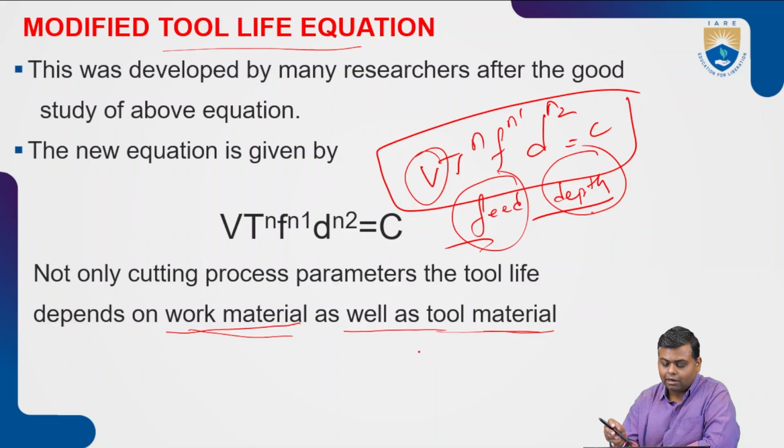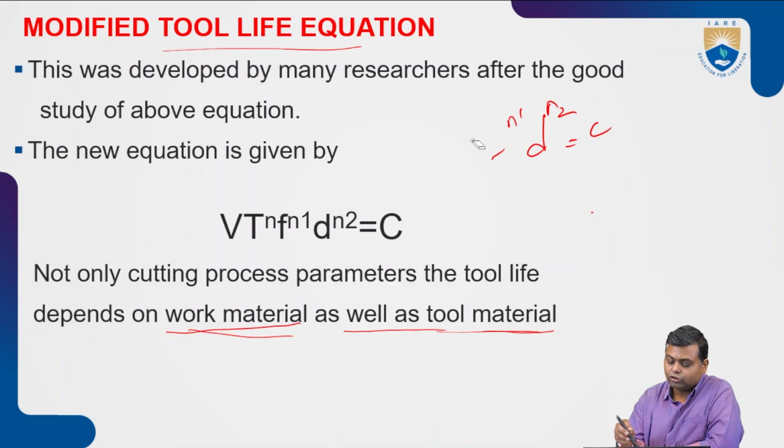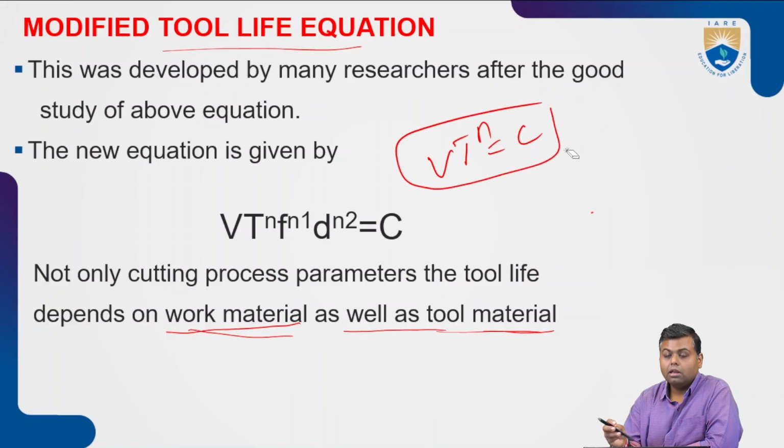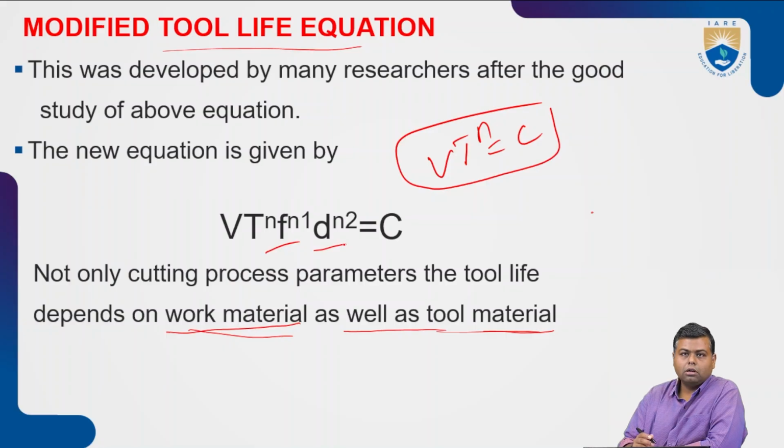So in general, the tool life is given as VT^n = C. This is the non-modified tool life equation. In the other form, we include feed and depth of cut as two more parameters for finding the tool life.